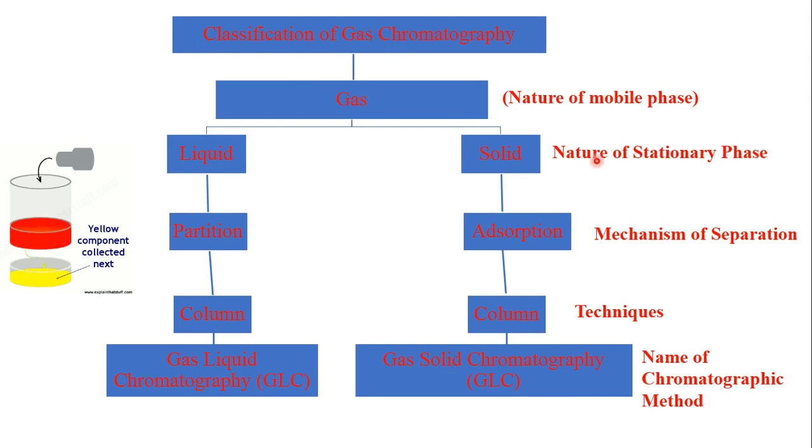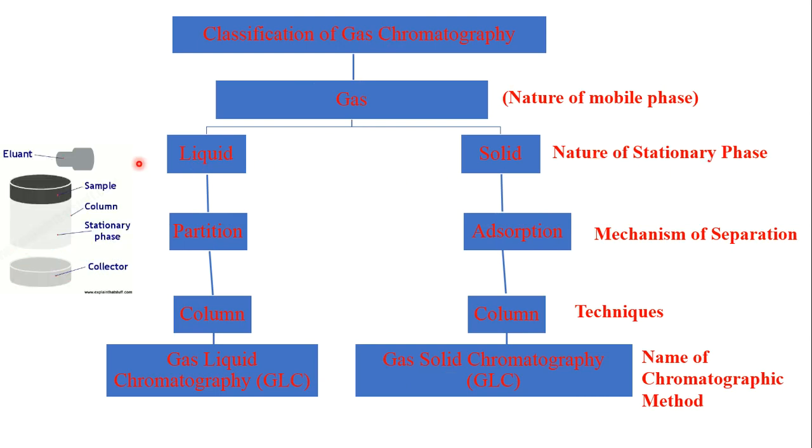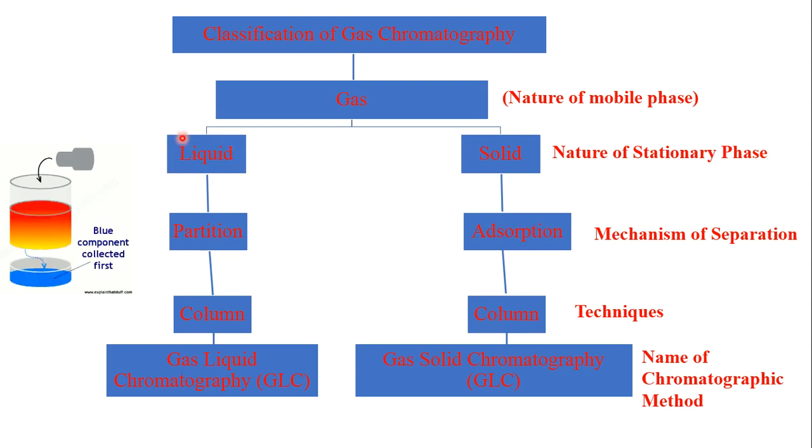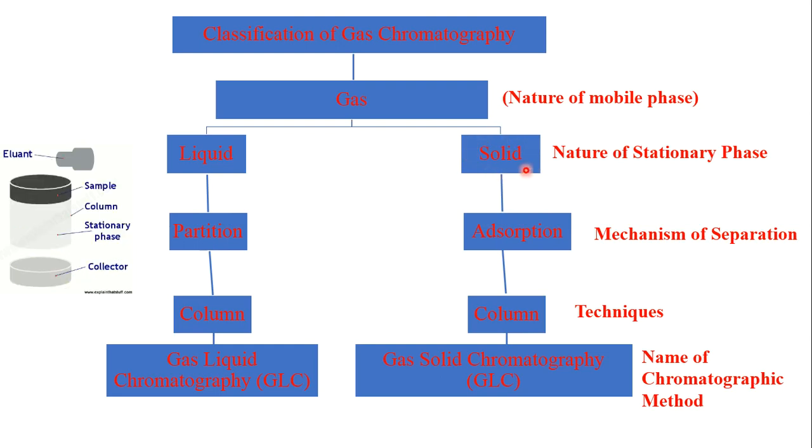Now, the nature of the stationary phase. In case of GLC, the stationary phase's physical state will be liquid, but in case of GSC, gas solid chromatography, the stationary phase is solid, meaning only solid particles are filled as stationary phase in the column.